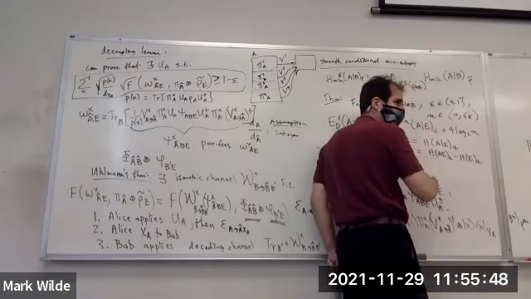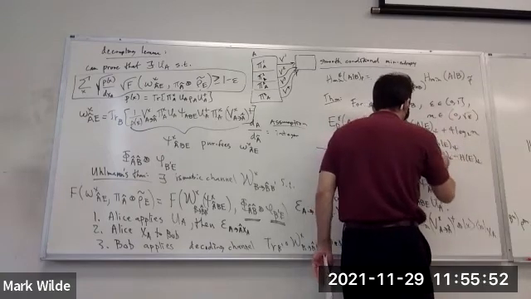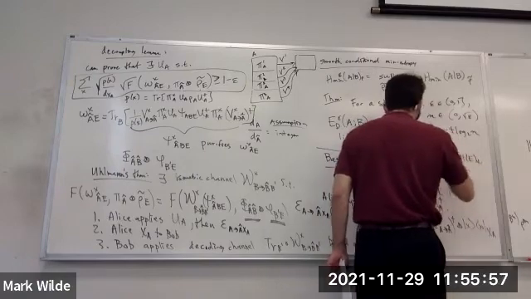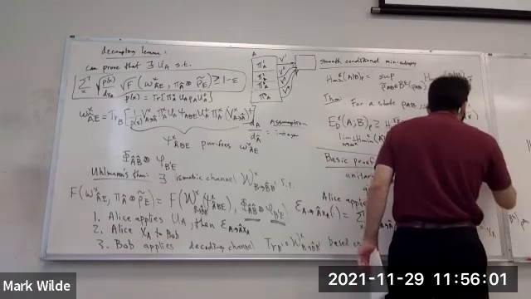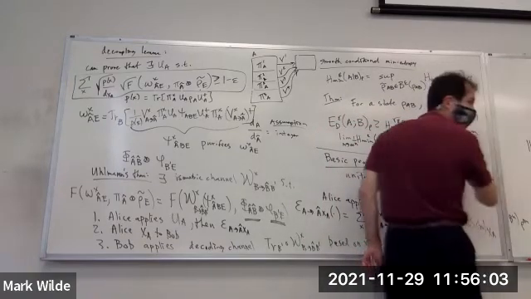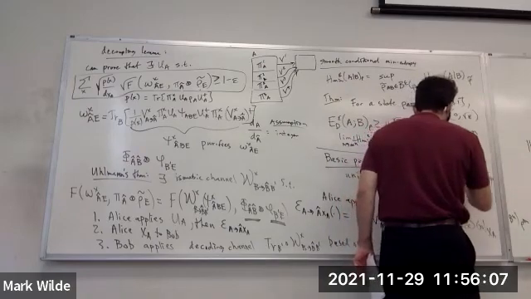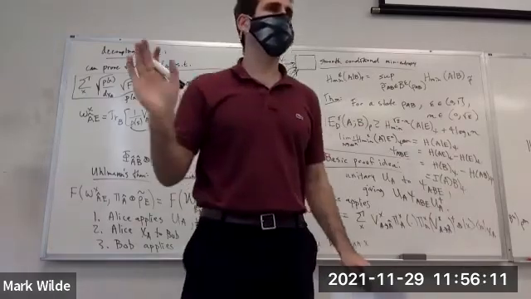If you have a pure state and make a bipartite cut between A, E, and B, then you get this minus H of E, bipartite cut A, B. And then that's coherent information. So that's roughly why you get coherent information in the asymptotic limit.